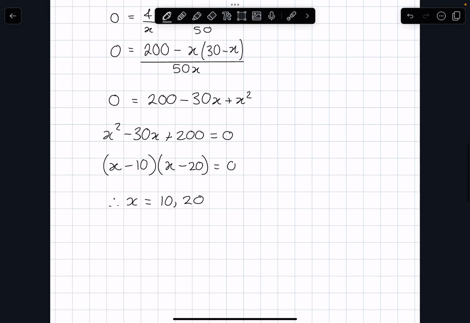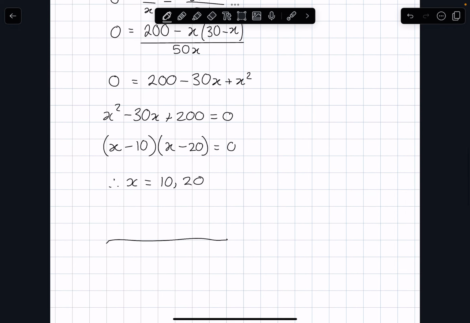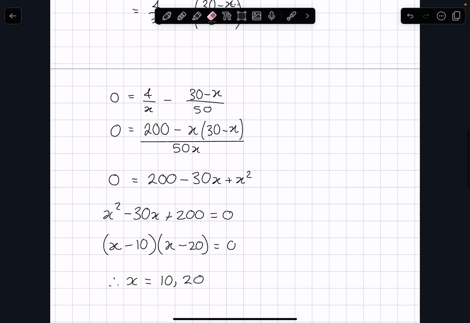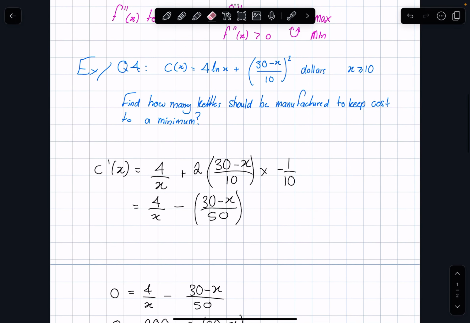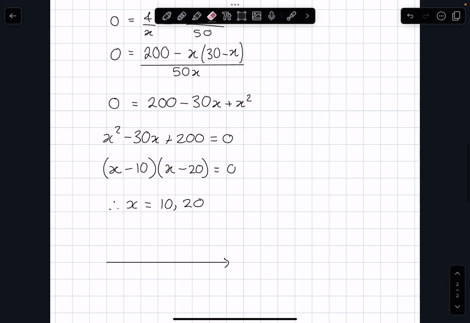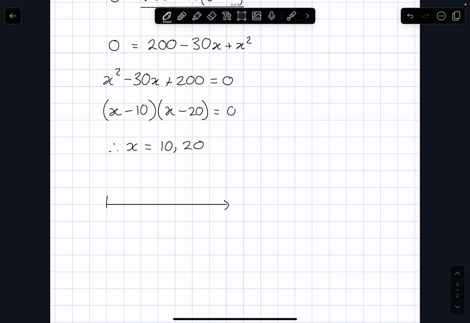So these are the values I put on my sign diagram. Because I've got a limit, I need at least x greater than or equal to 10. So 10 is my lower limit. I can't go lower than that. I've got 20. This is x, and this is for my function c prime of x, my first derivative.